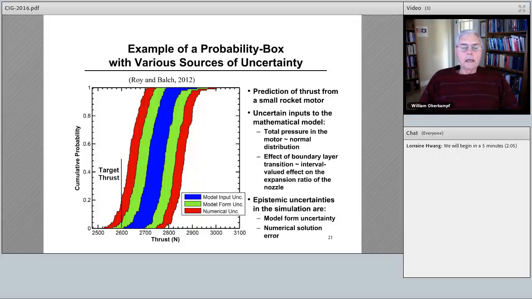Some of these were aleatory, some were epistemic, and then you also had numerical uncertainty. I won't go into the detail here, but these can be put together in a relatively quantitative way, though how you put all of these together is still an open question. Some of these also had model form uncertainty.